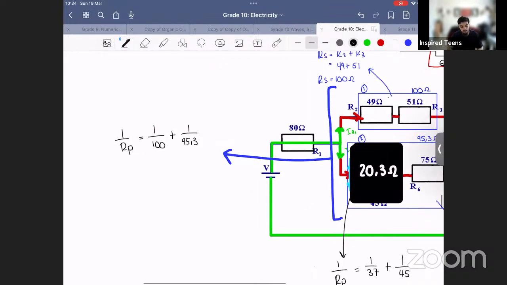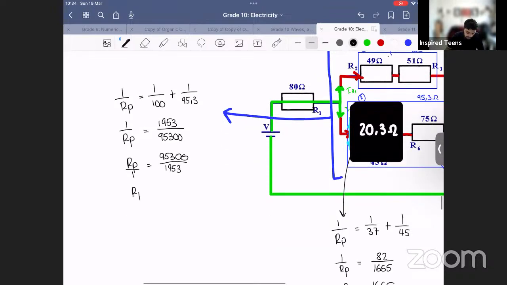I've put that in my calculator, and that gives me the fractional value 1953 over 95300, and I flip it. So RP over 1 is equal to 95300 over 1953.